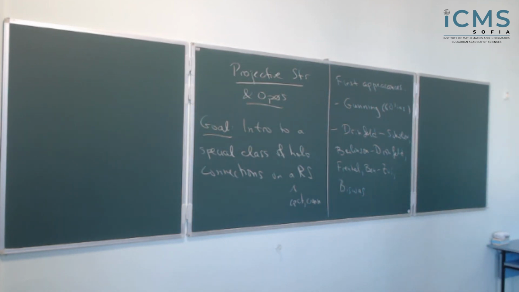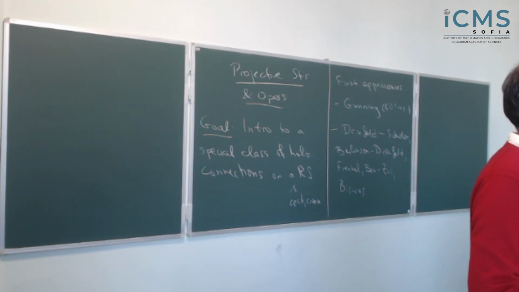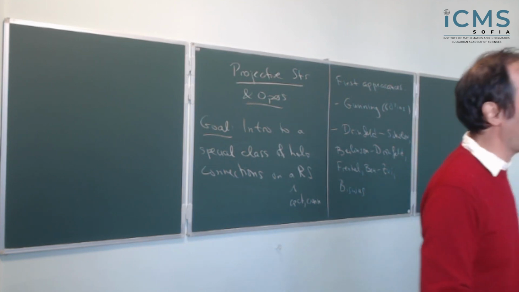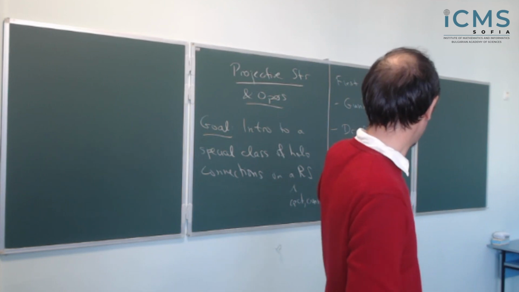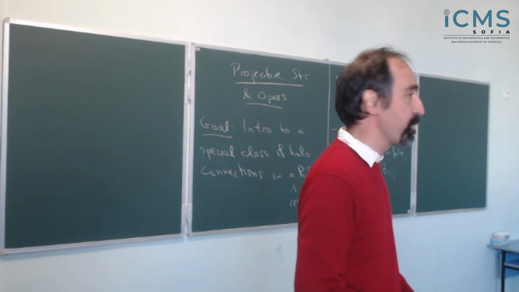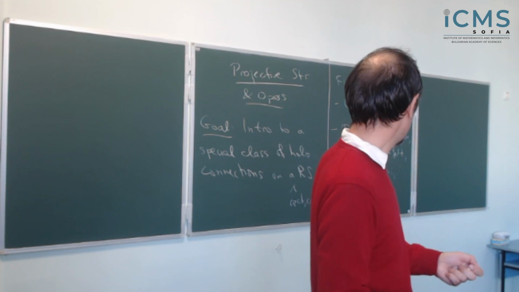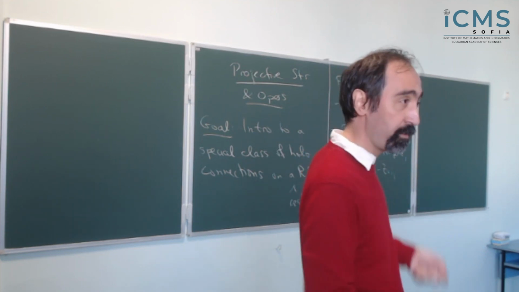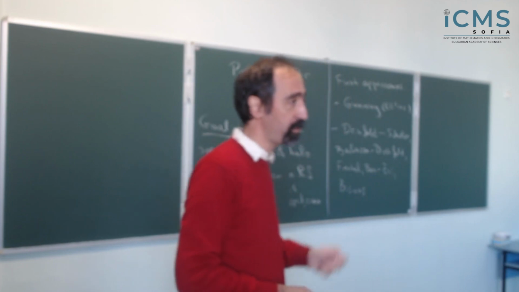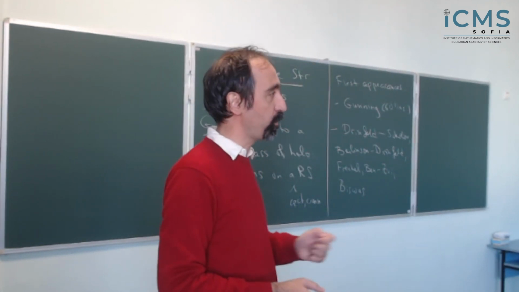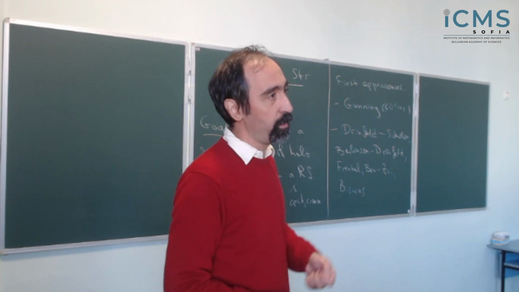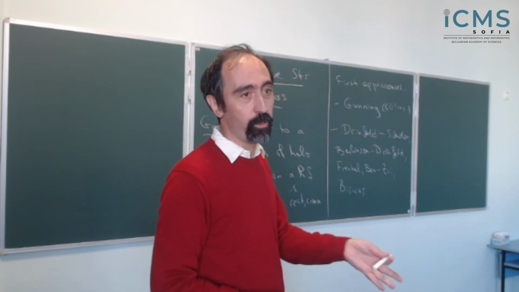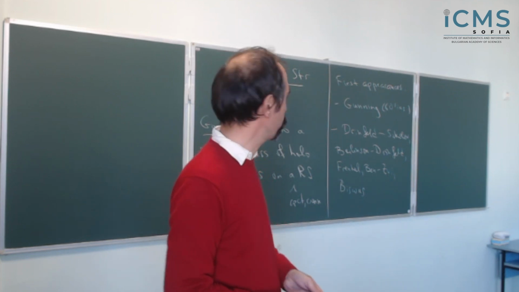I'll tell you a little bit about the way Gunning described these objects, which is typically not the way I tend to think about them, and not the way you would necessarily see Opers or projective structures described in the works of Biswas or Beilinson. I'll start classically today to give you a feeling of the genesis of this, and hopefully tomorrow we'll move to a more geometric view on these objects.